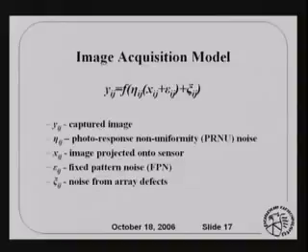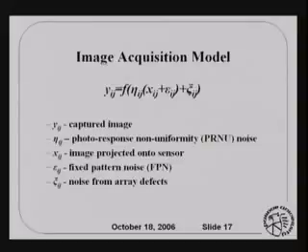That is a kind of multiplication factor which comes in because even if we are capturing, say, a uniformly lit scene, we are not going to have pixel values which are exactly the same over the whole CCD, because due to manufacturing defects intrinsic to the manufacturing process, different pixels in the CCD have different responsivity.